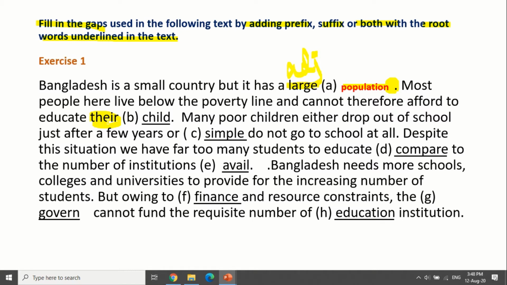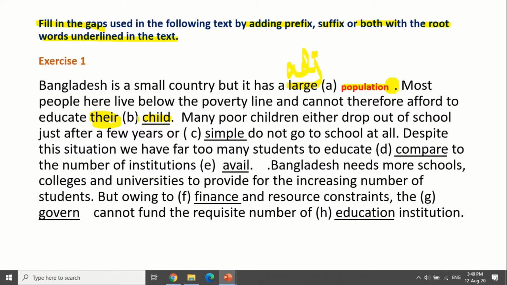And we know after a plural pronoun, we need to use a plural noun. And this word child is a singular noun. So we have to convert it into a plural noun. How can you convert it into a plural noun?